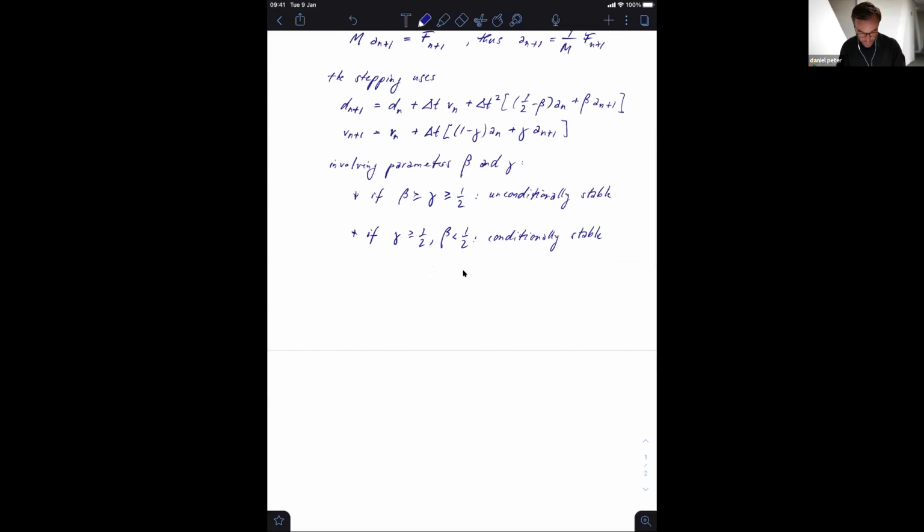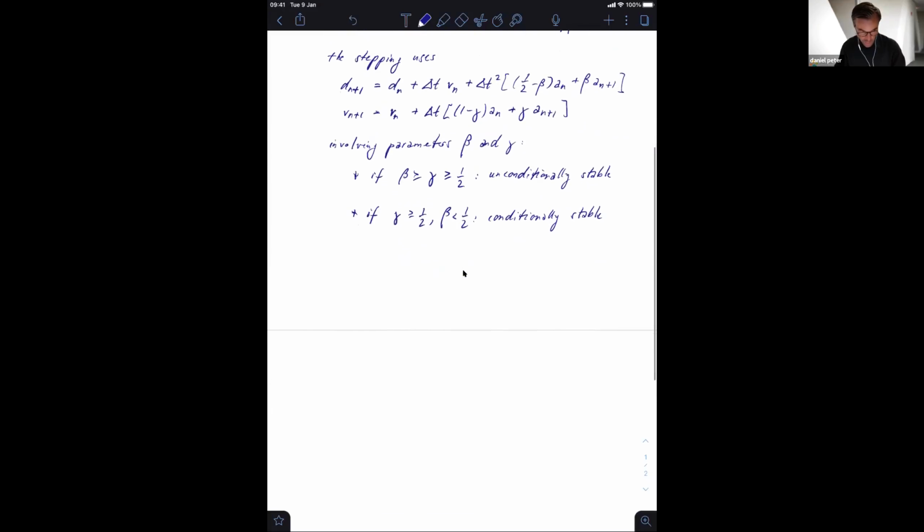So also, what about the order of that scheme? Well, the scheme is second order accurate.